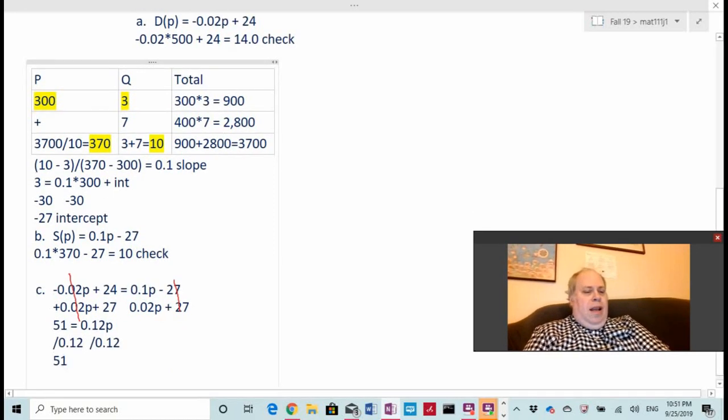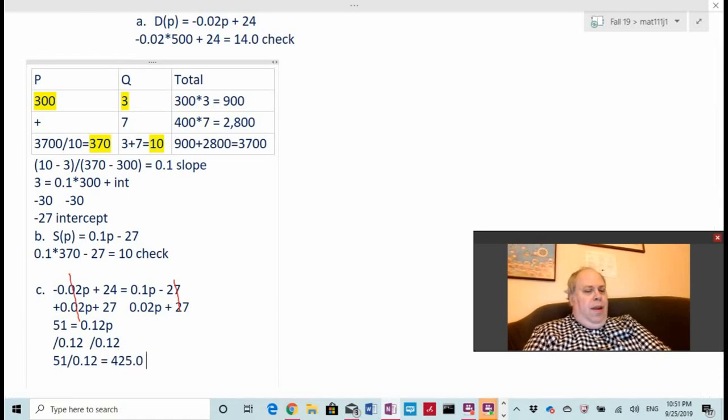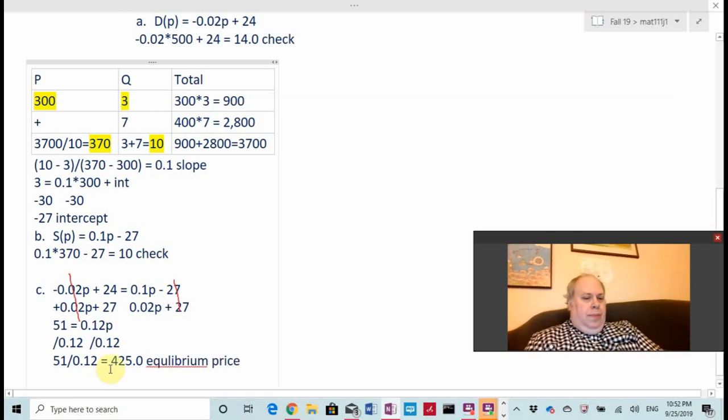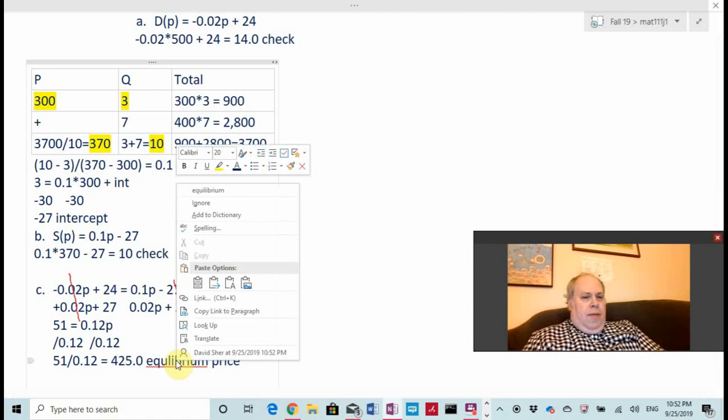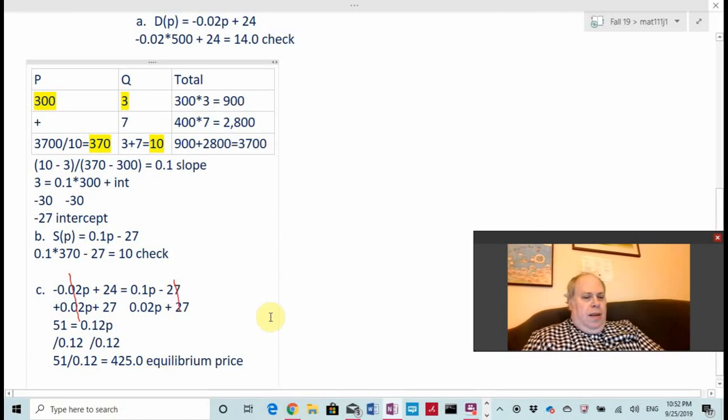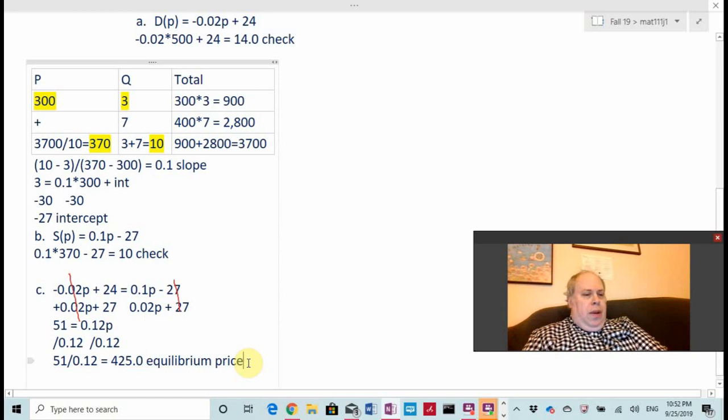I can't do that in my head, so I'll just let this gadget figure it out for me. 425 is the equilibrium price, or it would be if I could spell equilibrium. There. Now, that's the answer to part C.